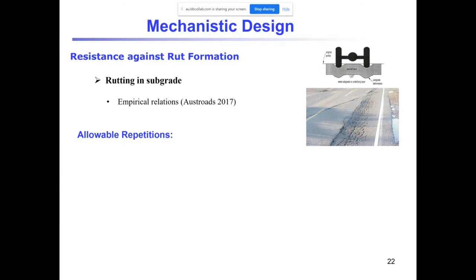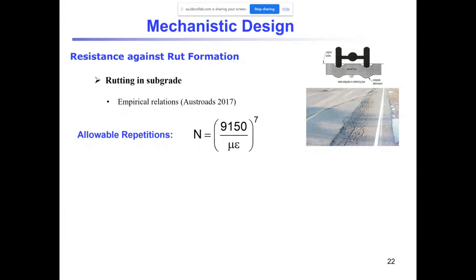So you remember, when I explained mechanistic design, I said that this is a mechanistic-empirical design method in nature. So this is the part where we are using some empirical equations. What are these empirical equations? These empirical equations are related to subgrade and bound materials.